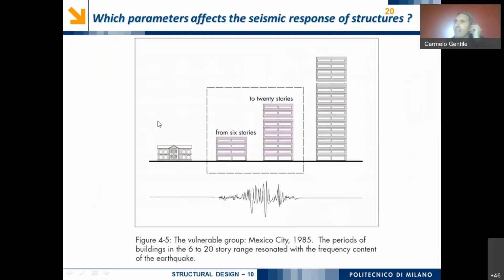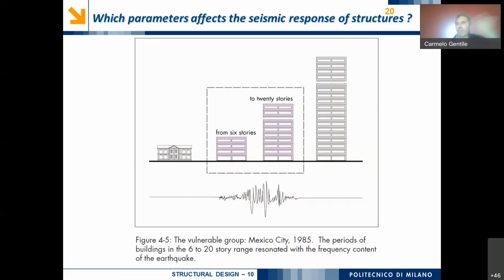And we can very easily understand that the amplification or the acting forces depend on the characteristics of the structure. This might be very easily evaluated in practice if we consider, for example, the same site.